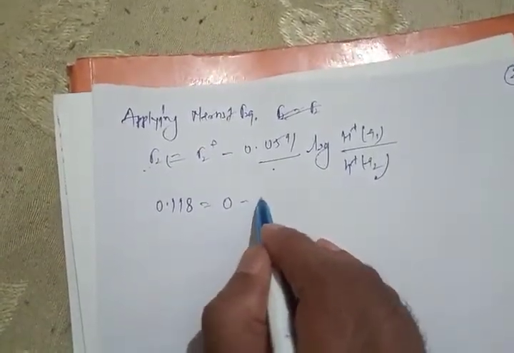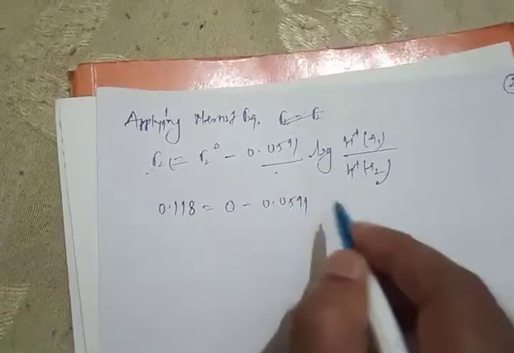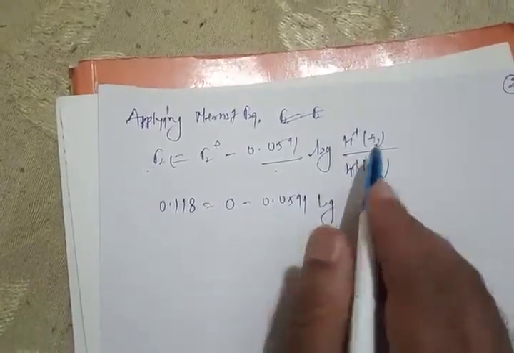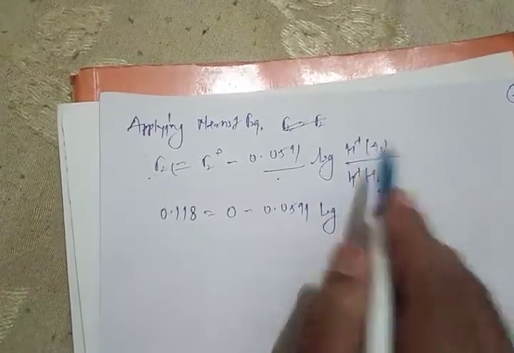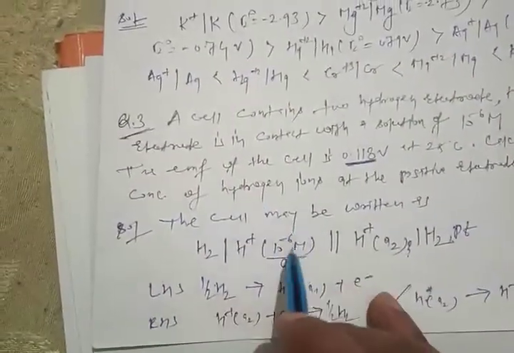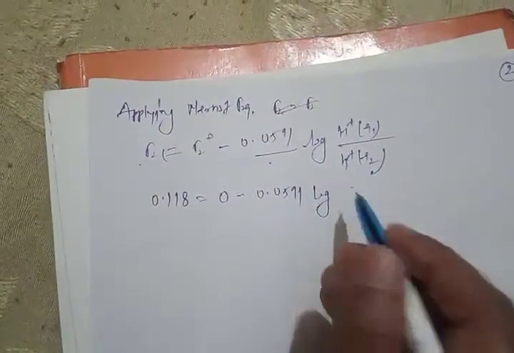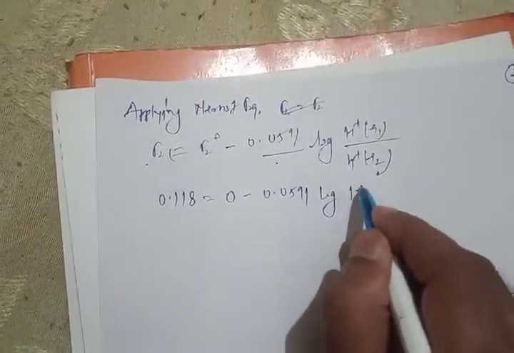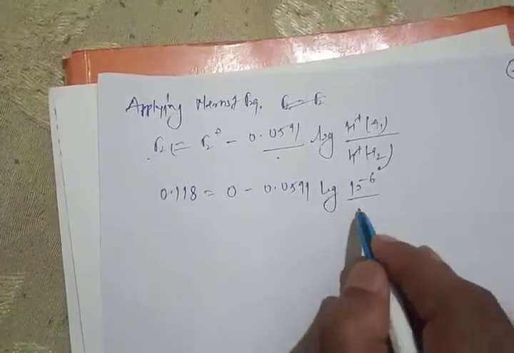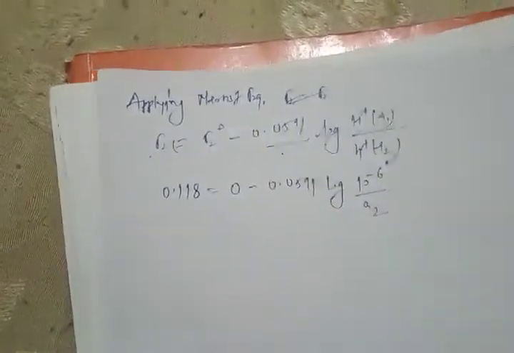And then 0.059 log A1, which means the activity of H ion. Here A1 is given to you as 10 to the power minus 6, and this A2 you need to identify. So 10 to the power minus 6 upon A2.